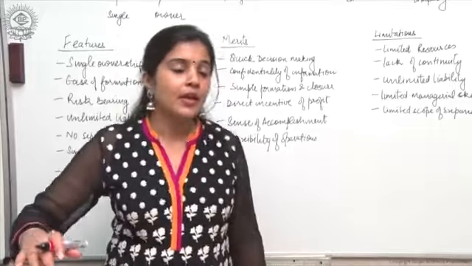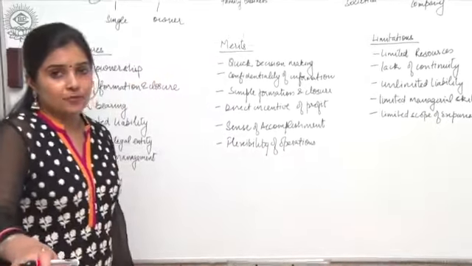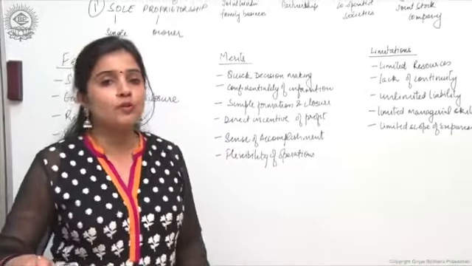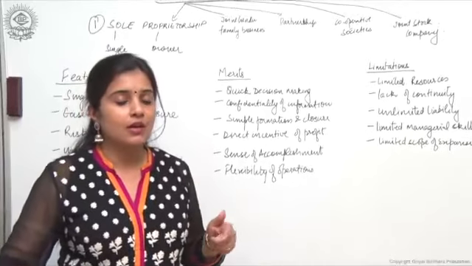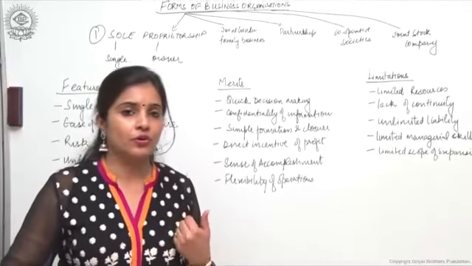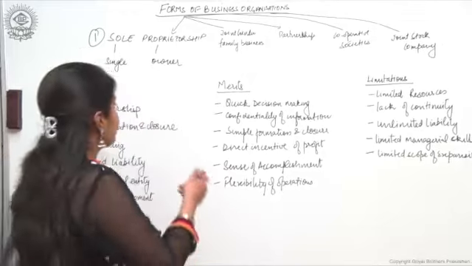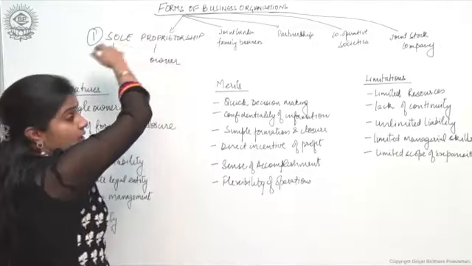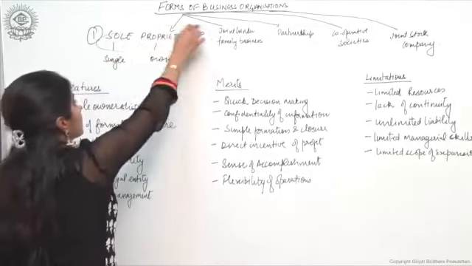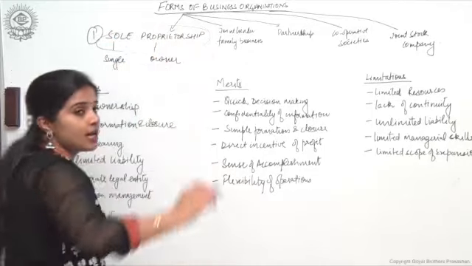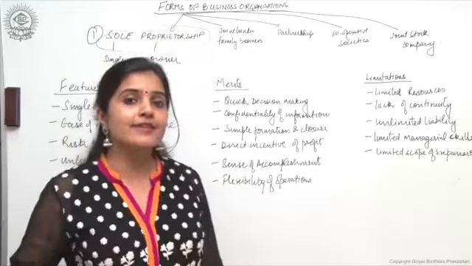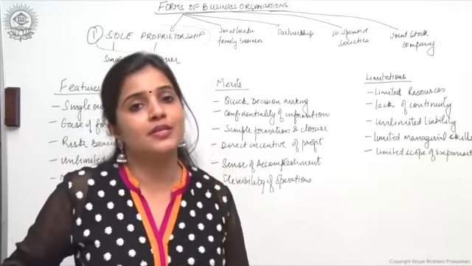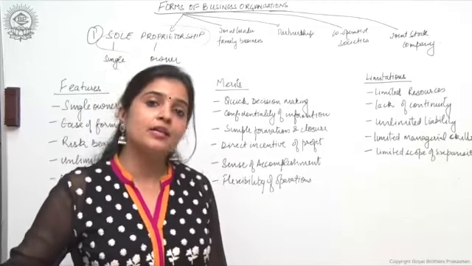Now, sole proprietorship, as the name suggests, sole means one, single, and proprietor means owner. So it is self-explanatory that under the sole proprietorship form of organization, there is only a single owner. It is headed by one person. It is basically a one-man show.